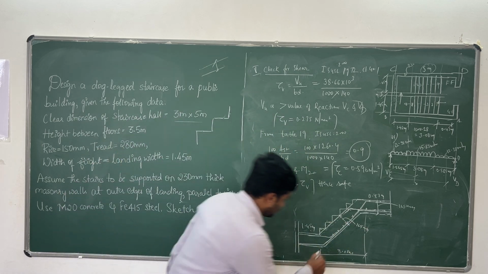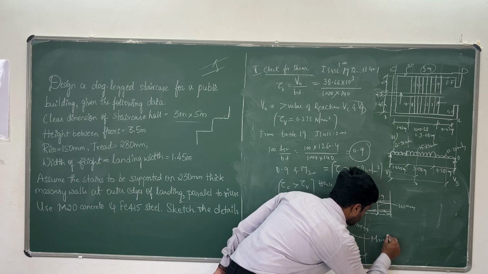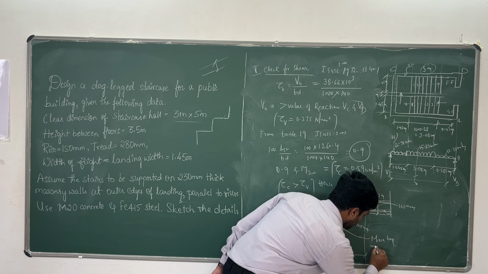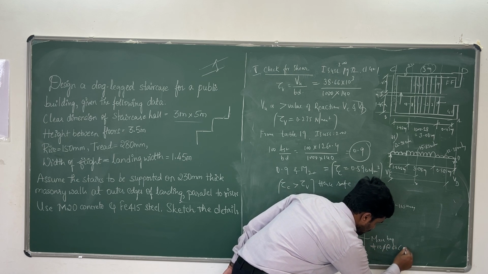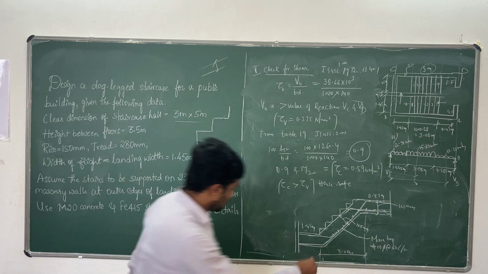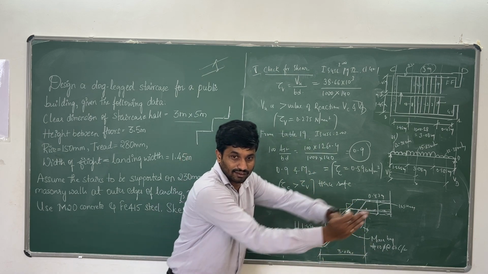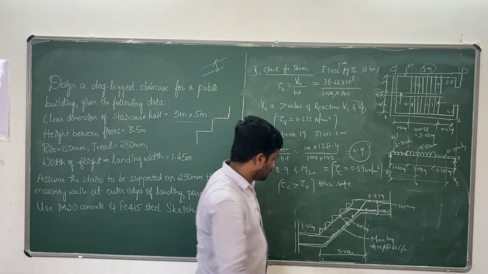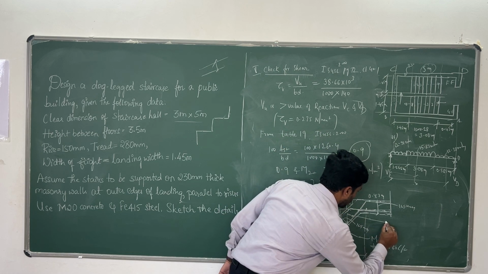The main bar, this is the full main bar. How much main bar? Main bar dia 10 at 60 center to center. And whatever the dotted line showing, this is cross like this. These are distribution bars in the horizontal direction. So these bars are how much?